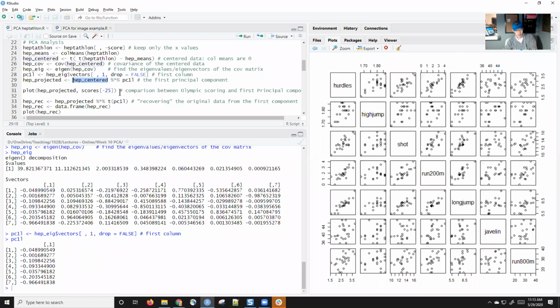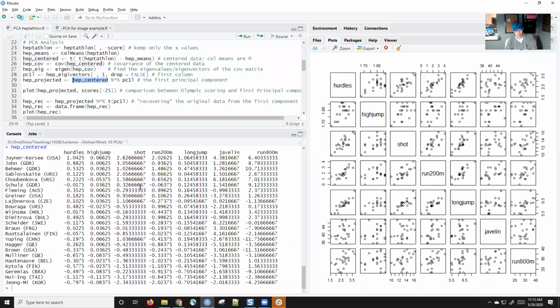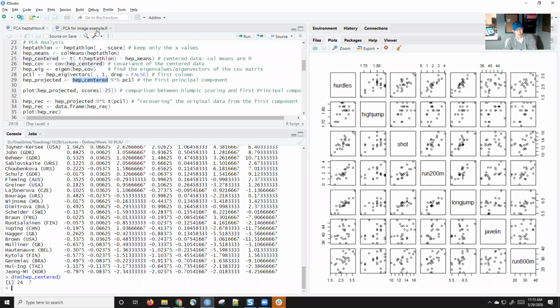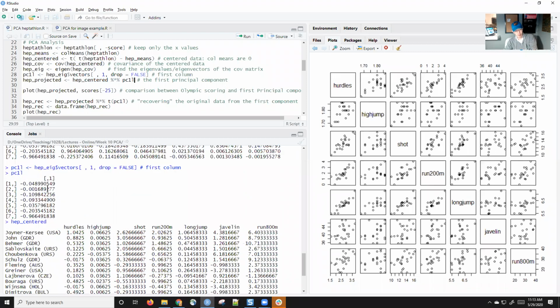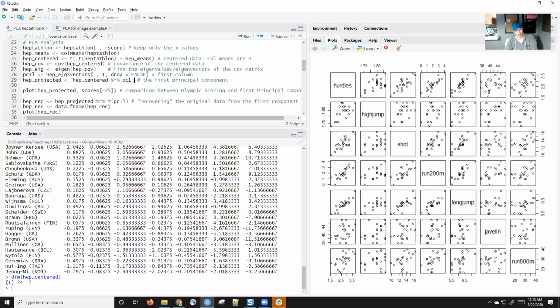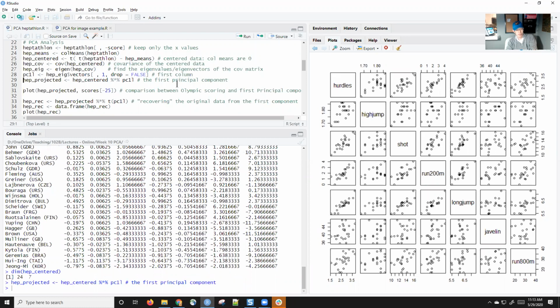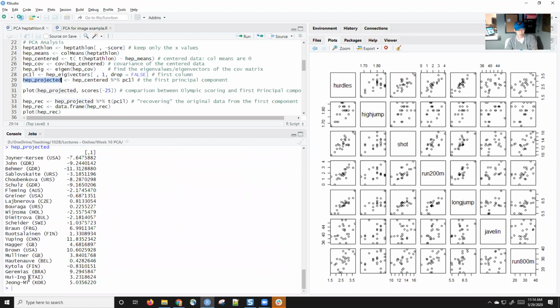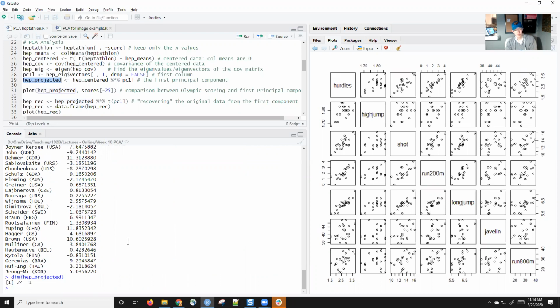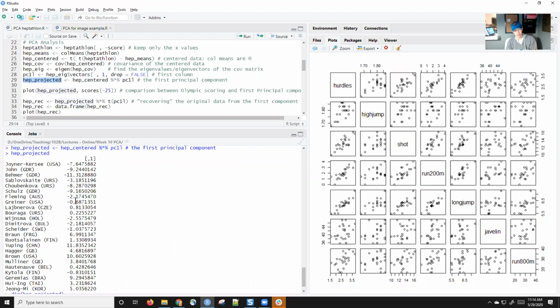My centered data, if I ask for the dimensions, is 24 by 7. I'm going to multiply that by my 7 by 1, and that reduces it down to 1 column. If I ask for the dimensions of this, it's 24 by 1. And these are the results here.